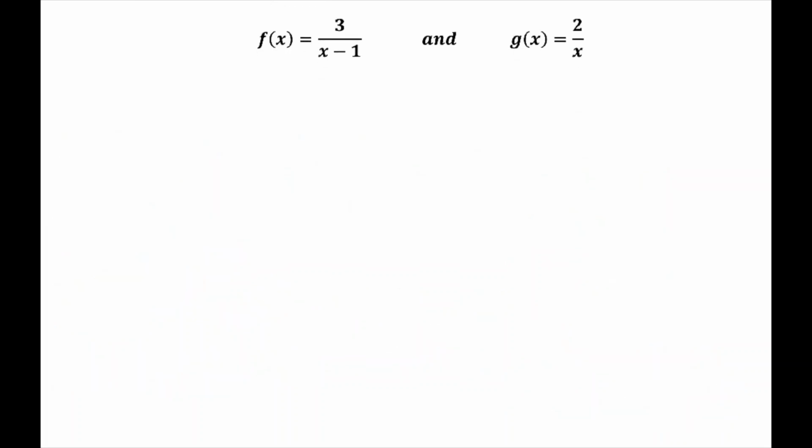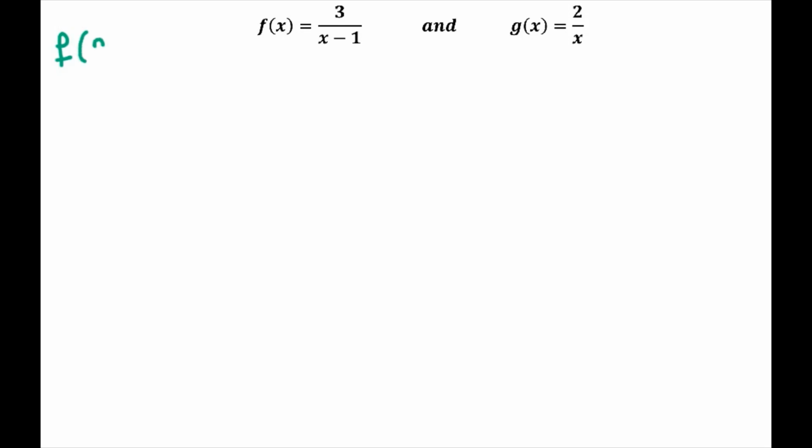Now for this question, we need to find again f of g, g of f, f of f, and g of g and their domains. Well, let's start with f of g(x) actually first. So f of 2 over x.